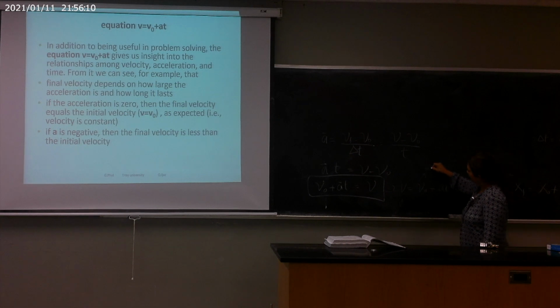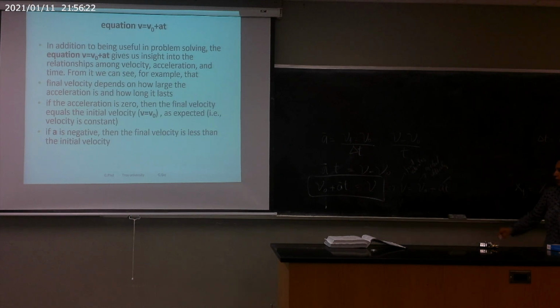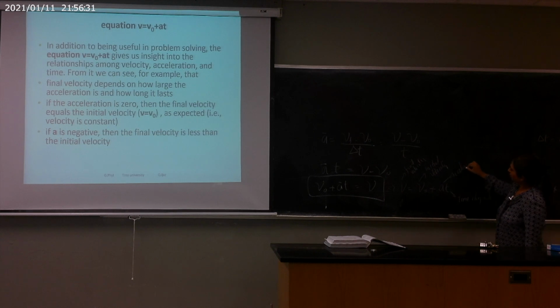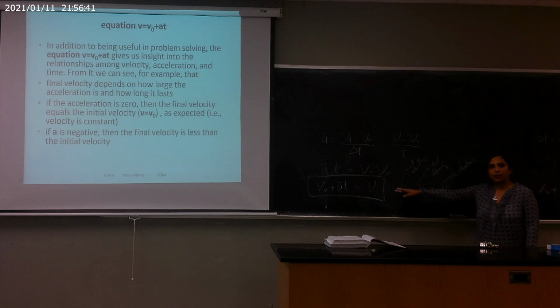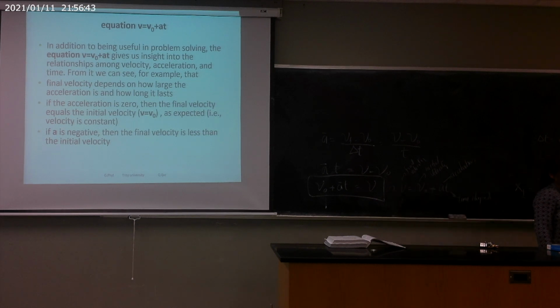Remember, V naught is initial velocity, V is final velocity, a is acceleration, and t is the time elapsed. Acceleration must be constant. You cannot apply this equation this way if the acceleration is variable or changing.